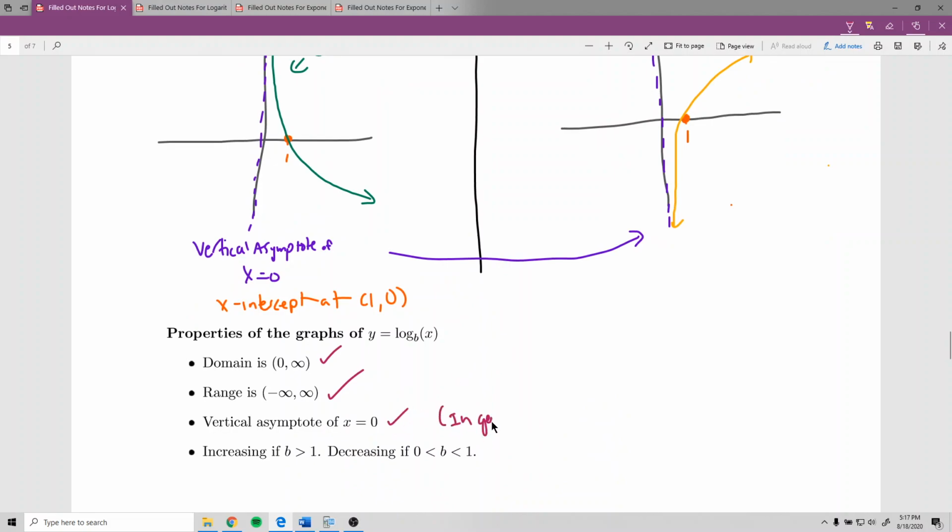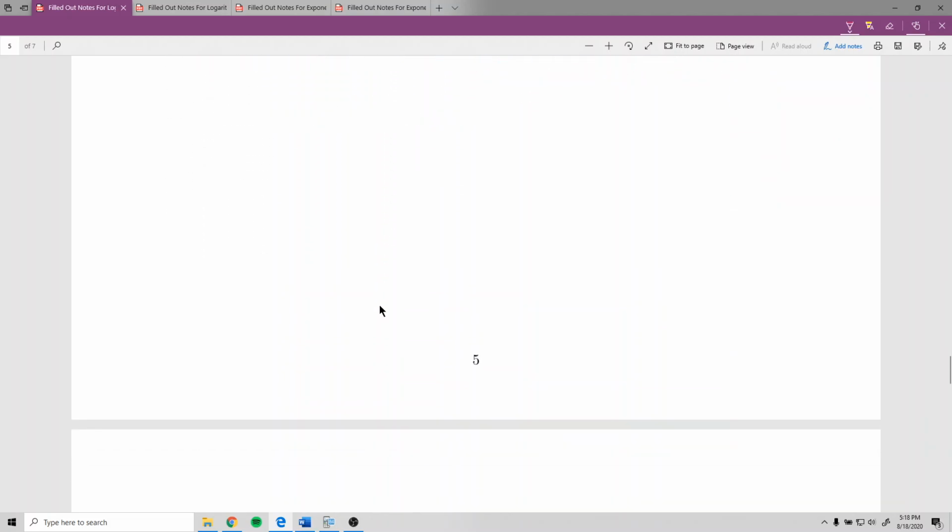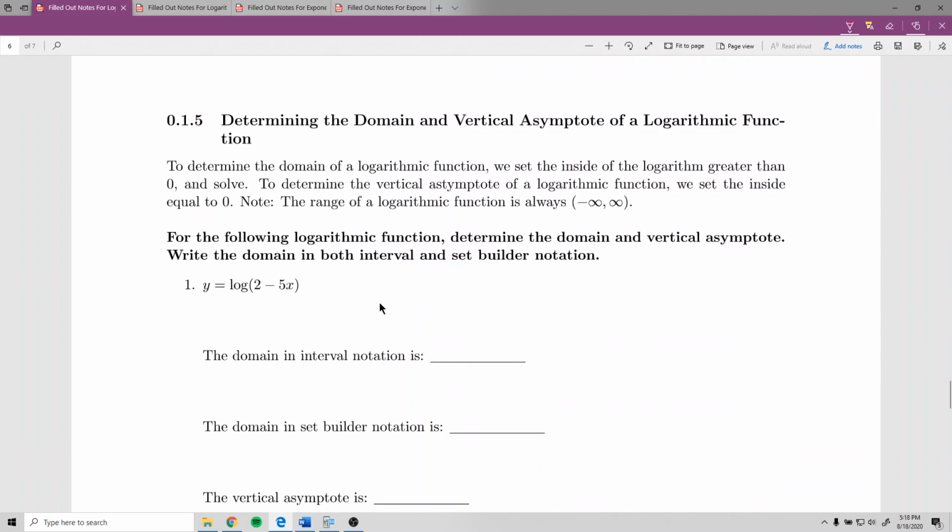In general, it's the numbers that make the inside 0. And then it's increasing if we have b bigger than 1, decreasing if b is between 0 and 1. Right, so we'll first work on the domain and vertical asymptote without graphing, and then we will look at a couple graphs.